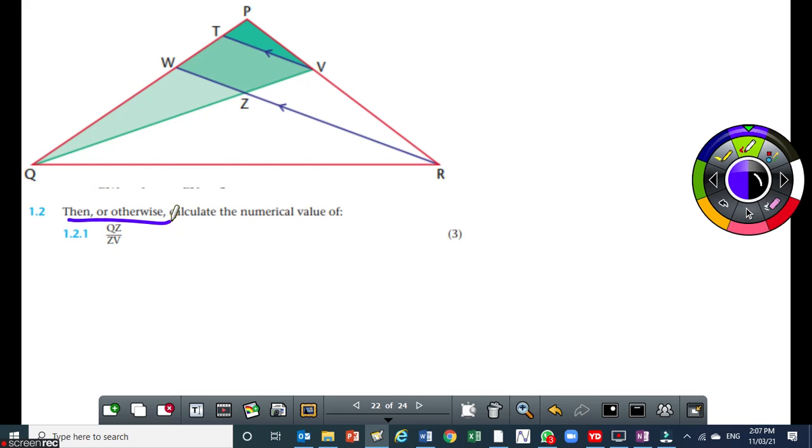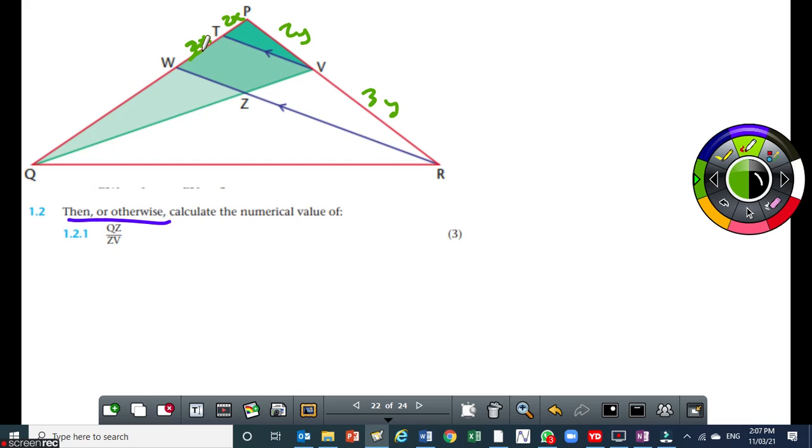So let's analyze it. We already know that this is 2y, that's 3y. This is 2x, and that's 3x. But we also know WQ and PW in terms of k. I might add that later on.